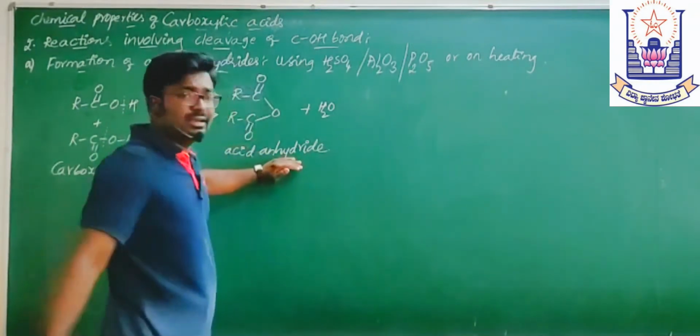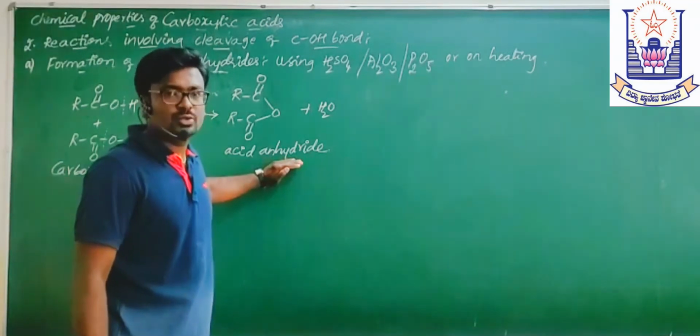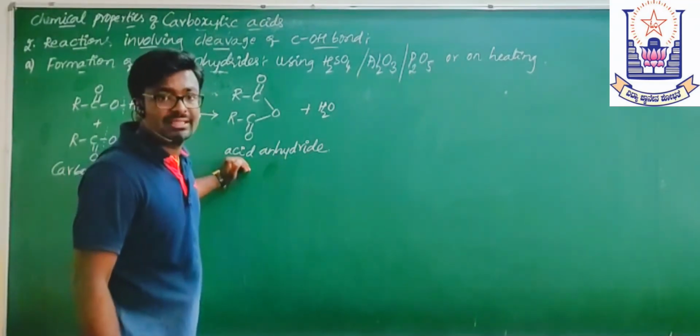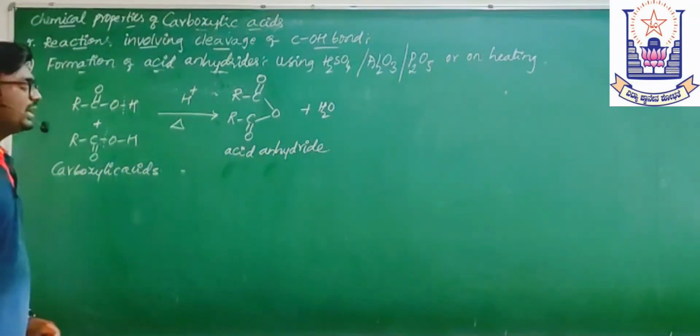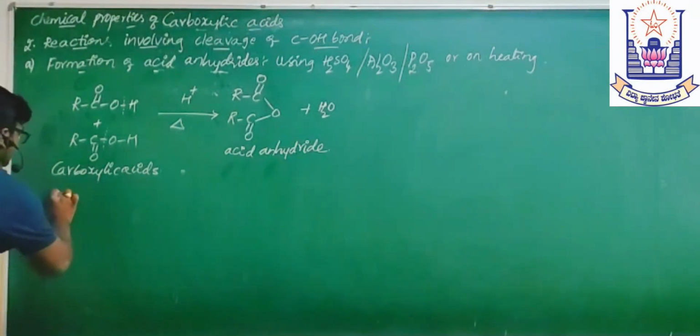So what is an anhydride? A loss of water, or no H2O. From where is it obtained? From the carboxylic acid. Here we are just writing acid anhydride. R may be an alkyl group or aryl group.